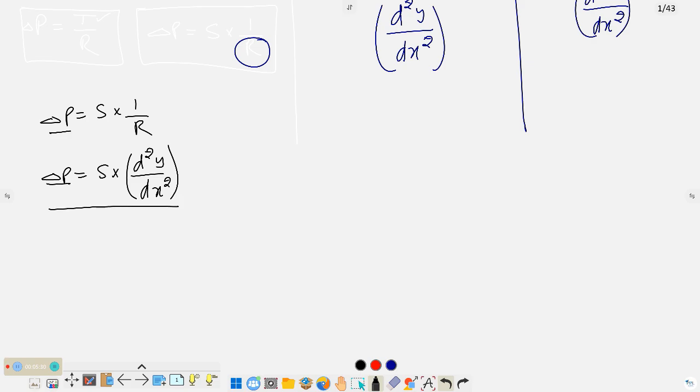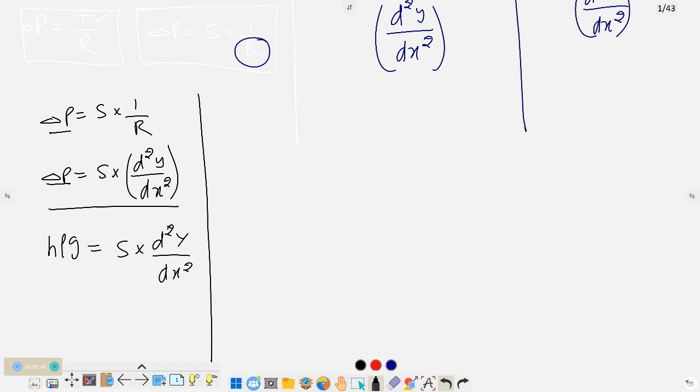Now, what is delta p? Change in pressure. In terms of the pressure concept, we can write it as h rho g. So h rho g is equal to s into d square y by dx square. To find the answer in terms of the given options, d square y by dx square is equal to h rho g by s.